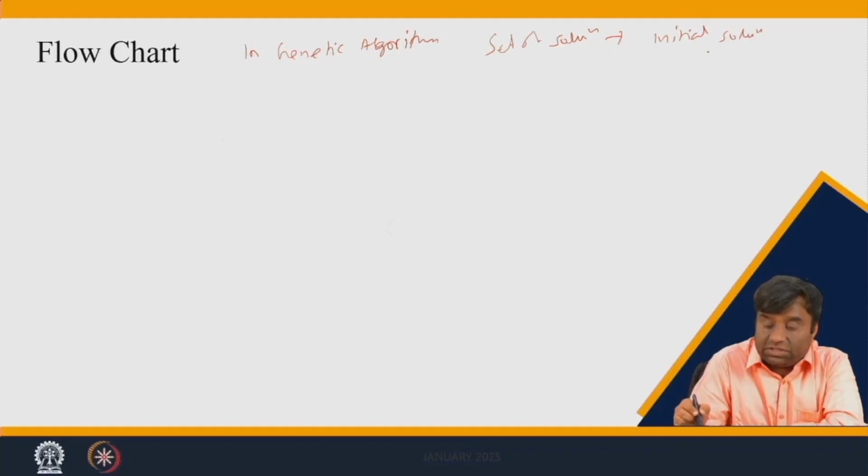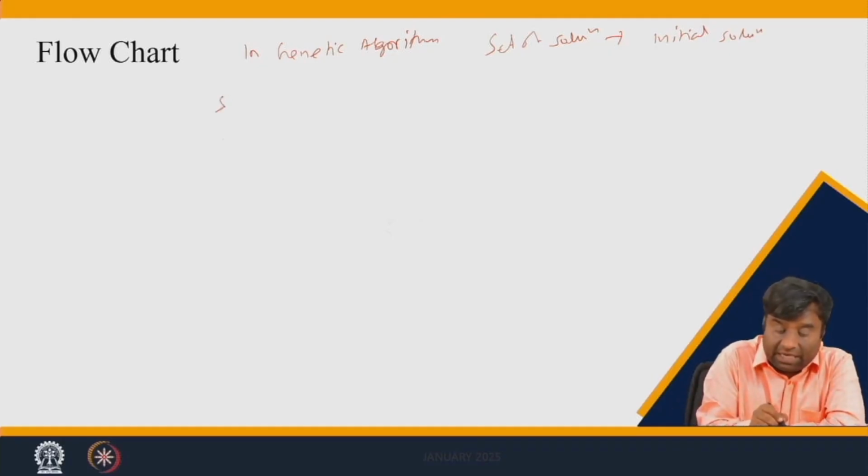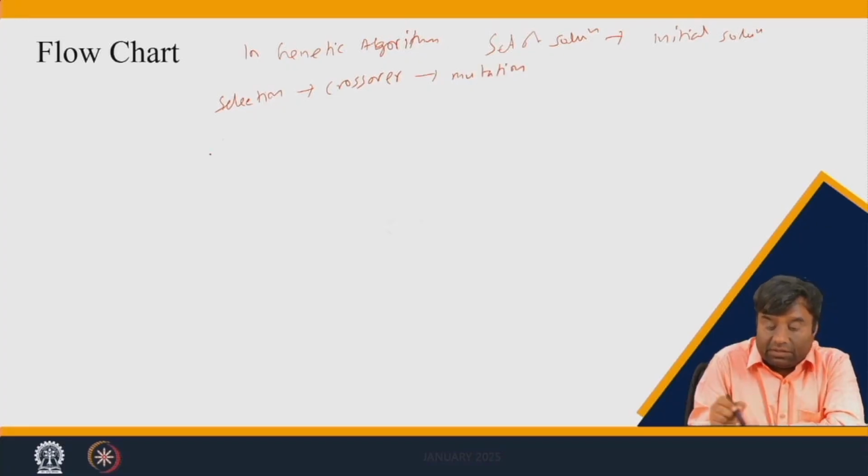So from these solutions, we are doing the selection for parents. Then we are doing the crossover to create offspring with a little bit of change, that is mutation. Then we'll get a new set of solutions. So this will continue while we are not getting the optimal solution.